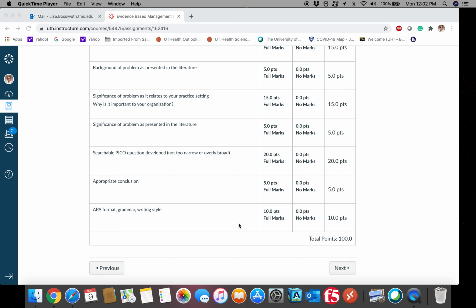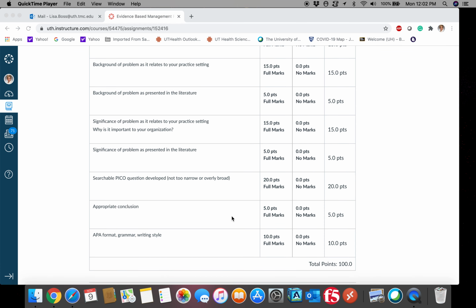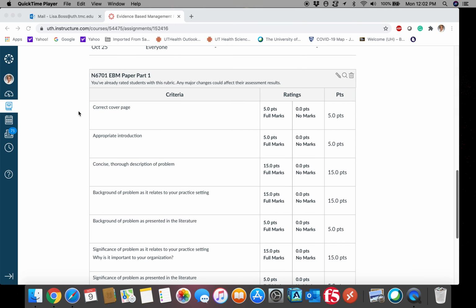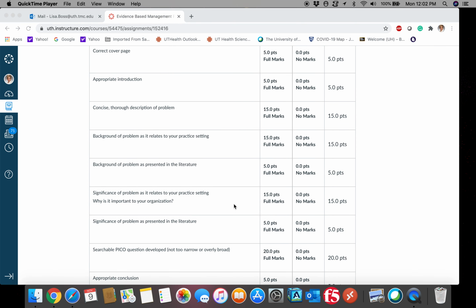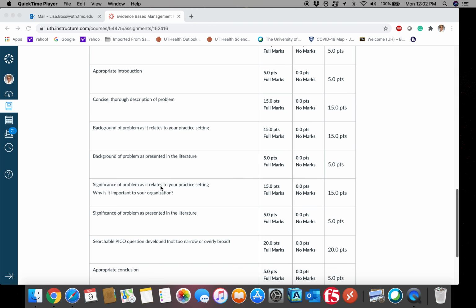But having said that, my recommendation, as you right now probably don't have the APA format memorized, is that you just start out and write the paper. So get words on the paper in the subheadings and spend most of your time making sure that you believe you're meeting each section of the rubric in terms of what you're saying and the amount of detail and thought that you provide. That's really where the bulk of your time should be.